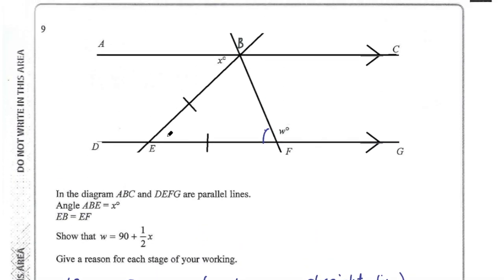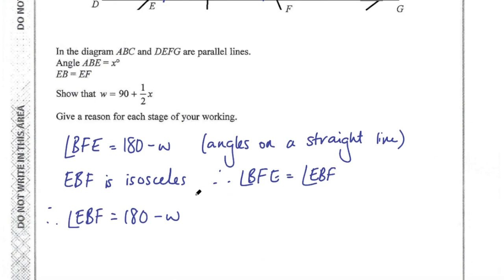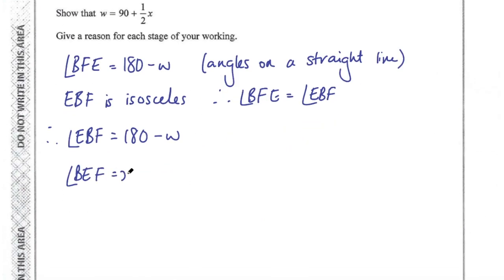Also, this angle in here, BEF, equals X, because these two angles are alternate. If you're not sure about angles in parallel lines, I've done a video on parallel lines if you want to check that out. So we can say angle BEF equals X, and the reason there is they are alternate angles.